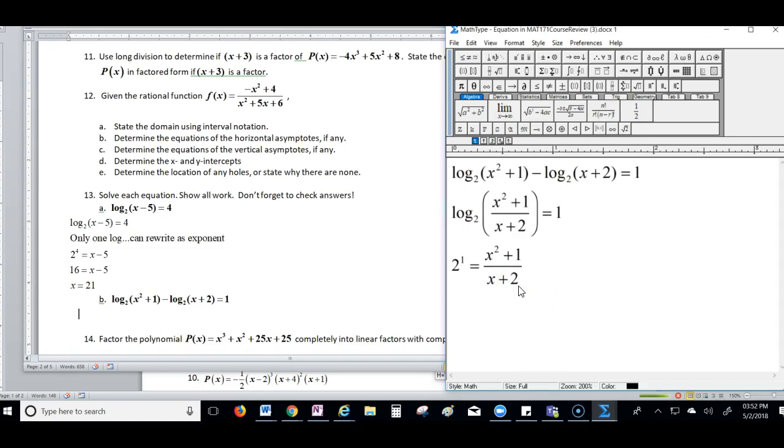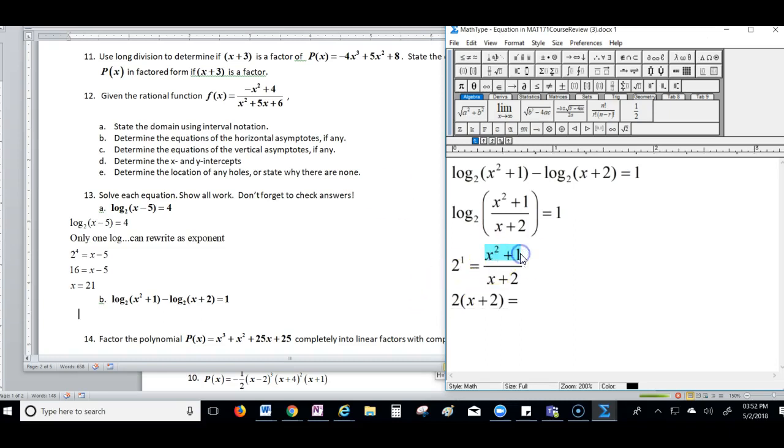So now I have a rational equation, and I can just solve that like I do any rational equation. So I'm going to multiply both sides by x plus 2, so I can get rid of my denominator.